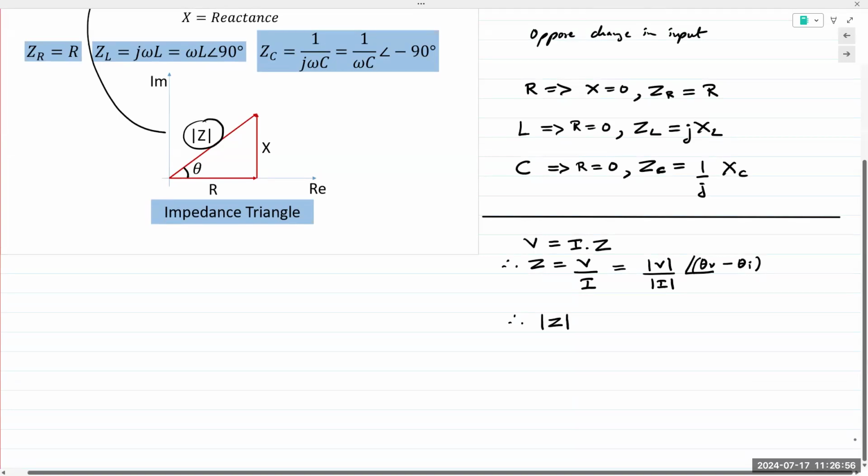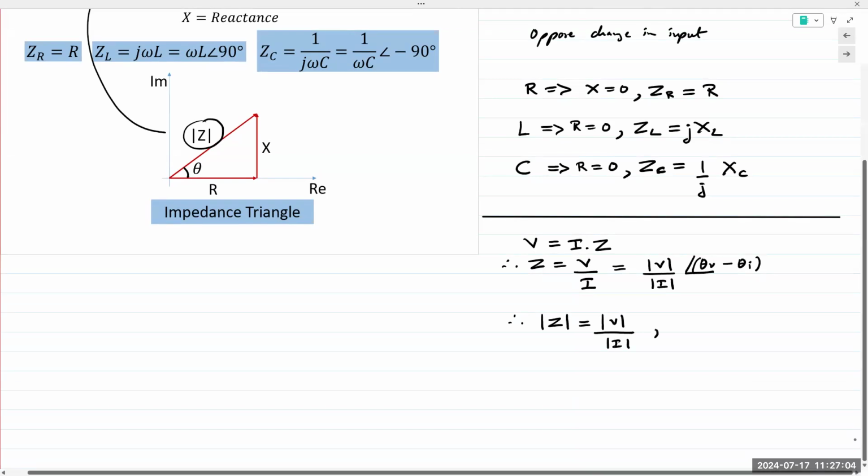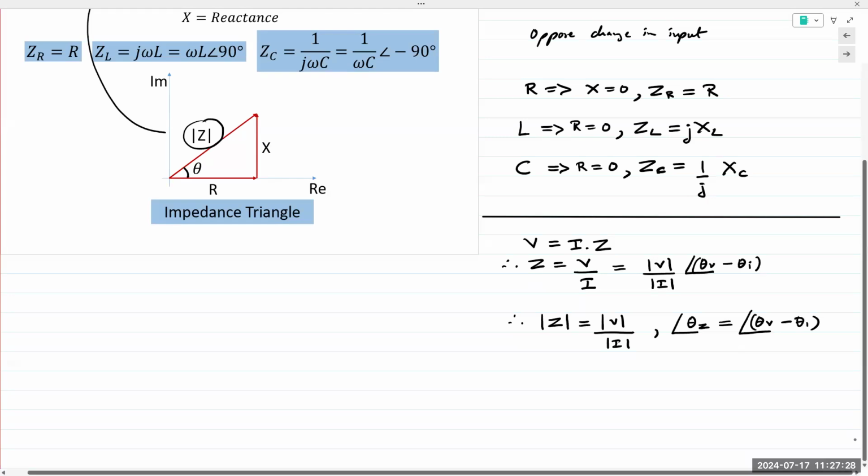Magnitude of the impedance is magnitude of the voltage divided by the magnitude of the current, and theta Z, phase of the impedance, is the phase angle of the voltage minus the phase angle of the current, theta I. Make sense? You guys with me so far?